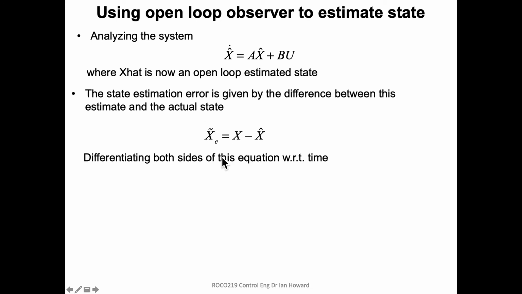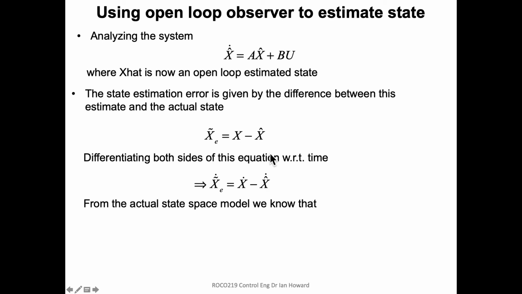If we differentiate both sides of that equation, we get the differential of the state error equals the real state differential take away the predicted state differential. But we can now substitute in what these systems are actually doing in terms of their state space models.